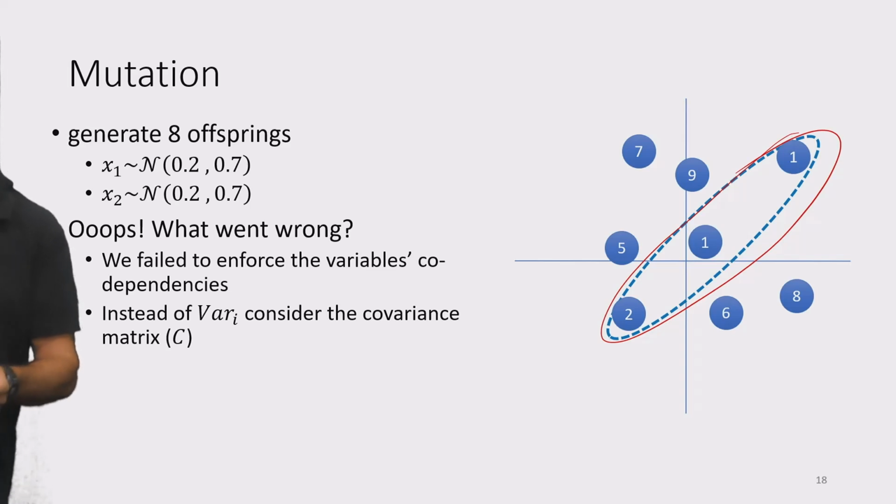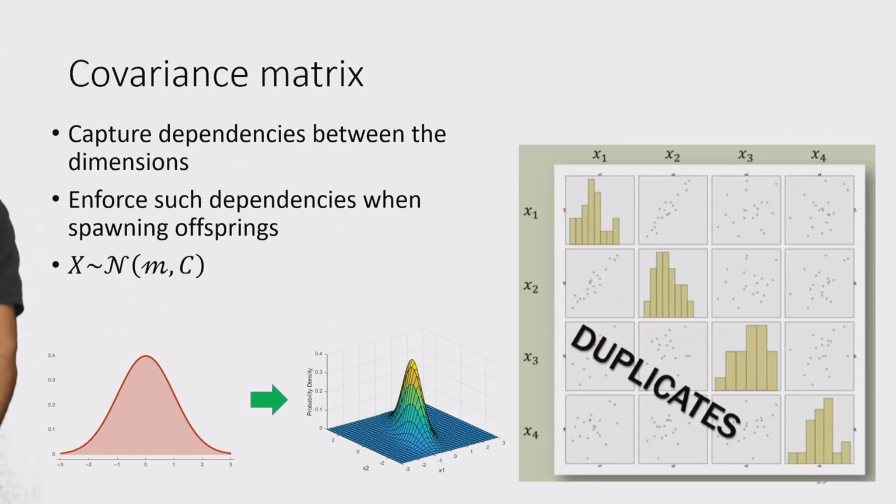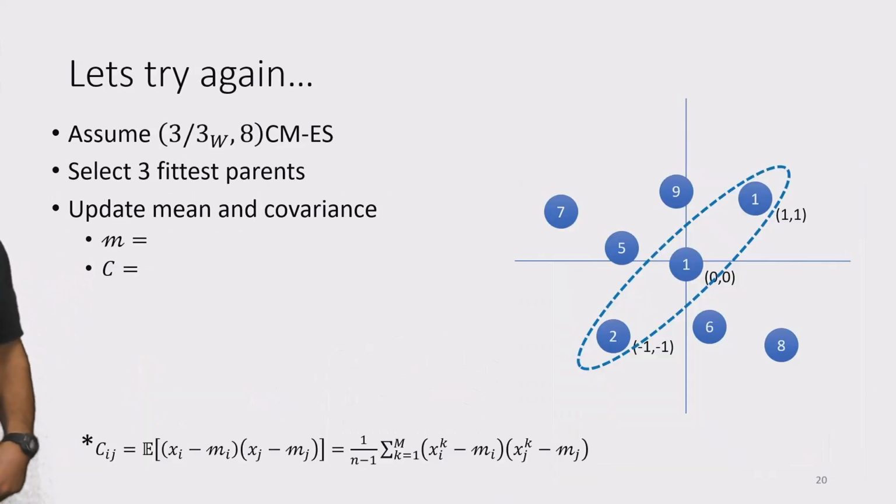So the covariance matrix, we'll have to train that. Indeed, the covariance matrix allows us to capture dependencies between the dimensions, the different tunable parameters. And it allows us to enforce such dependencies when spawning the offspring, right? So now we're going to create our next generation from a multivariate Gaussian. Let's try again.